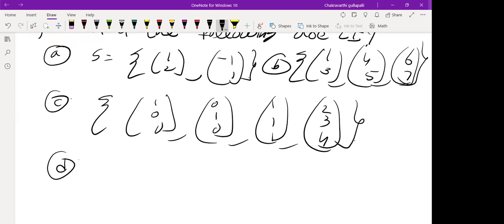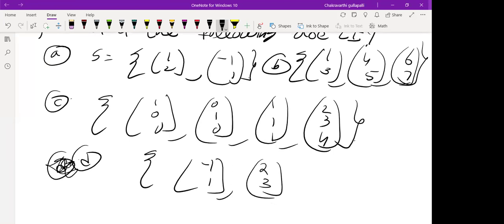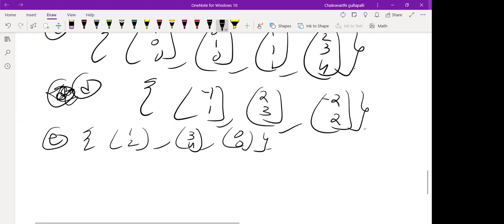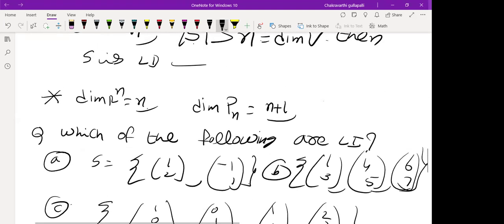Let's see which of them are linearly independent.